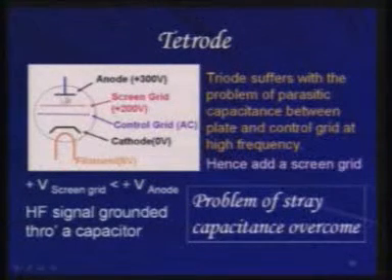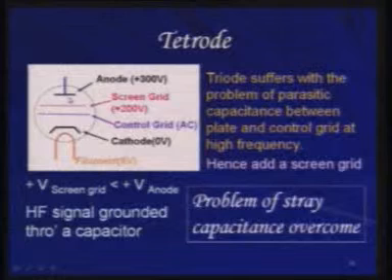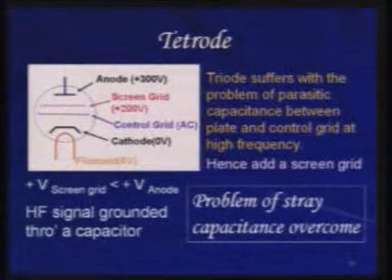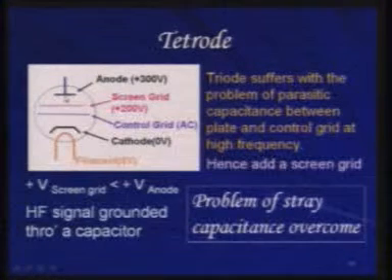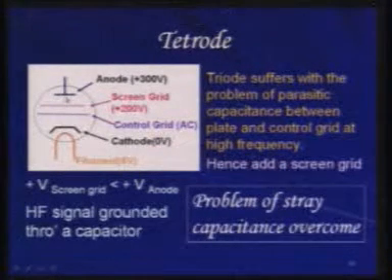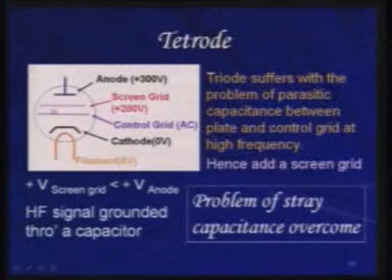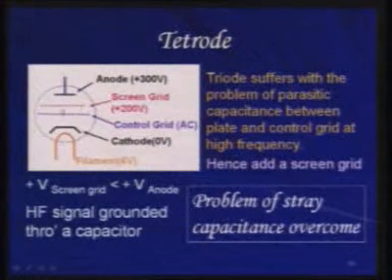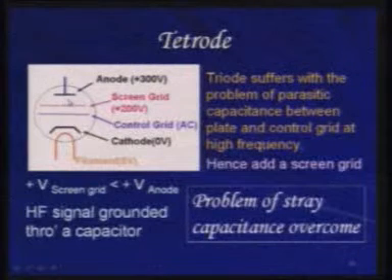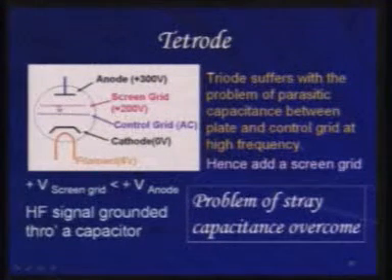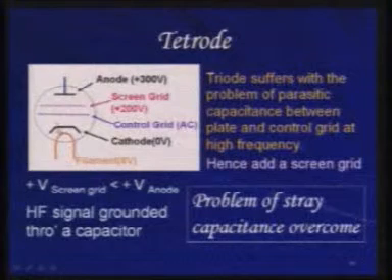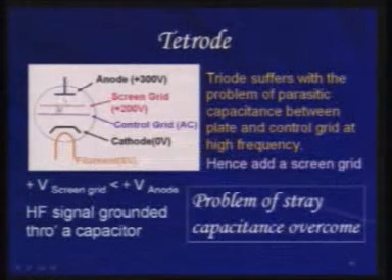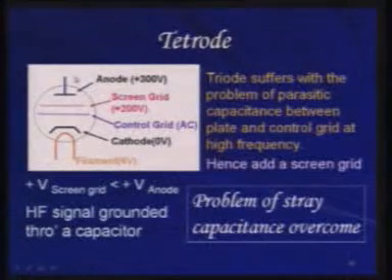Now when they hit the anode, they eject a few electrons which are called secondary electrons, and normally they should be absorbed and go into the circuit. However, it is not possible. Because of this 200 volts they see here, they get attracted here. Now because of this, though you are sending electrons from here, the secondary electrons get attracted to the screen grid and do not contribute to the anode current.